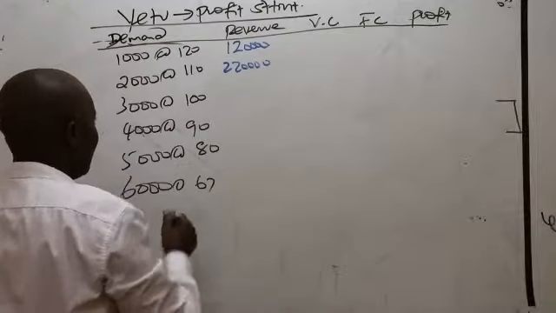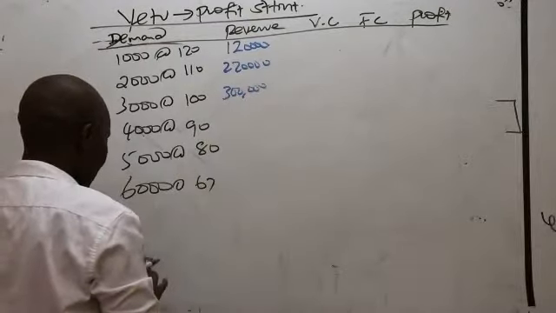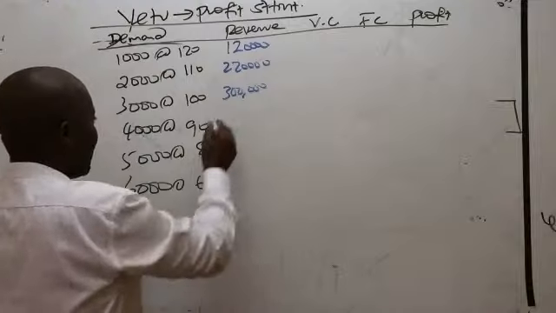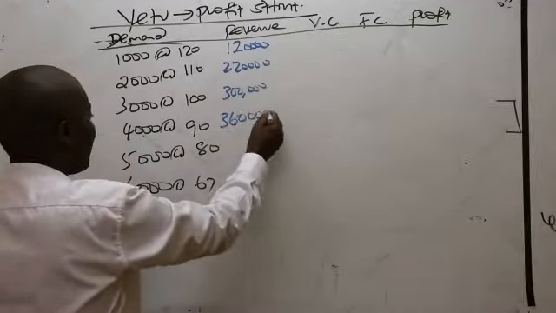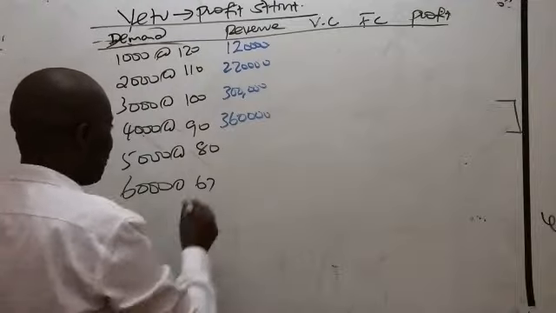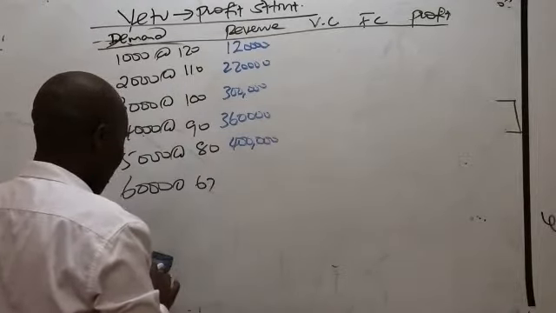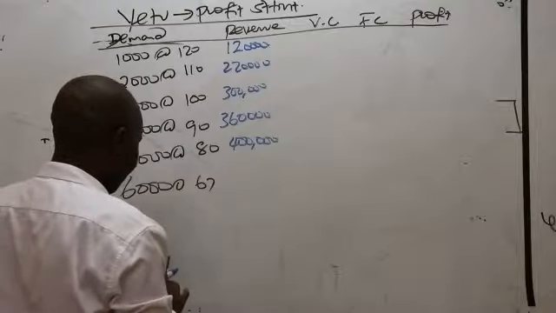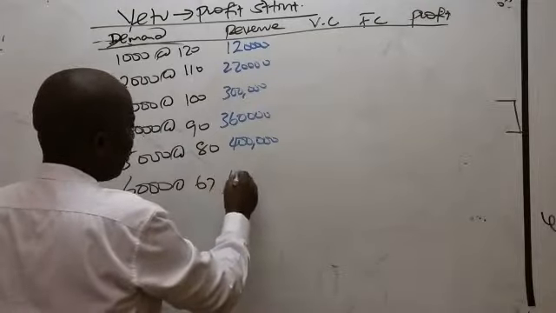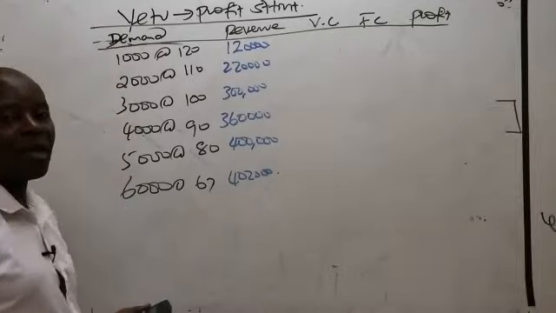From there we have 300,000. From there we have 4 times 90, which gives me 360,000. So we have 5 times 80, which gives us 400,000. We have 6,000 times 67, giving us 402,000. So now we shall go to the variable cost.